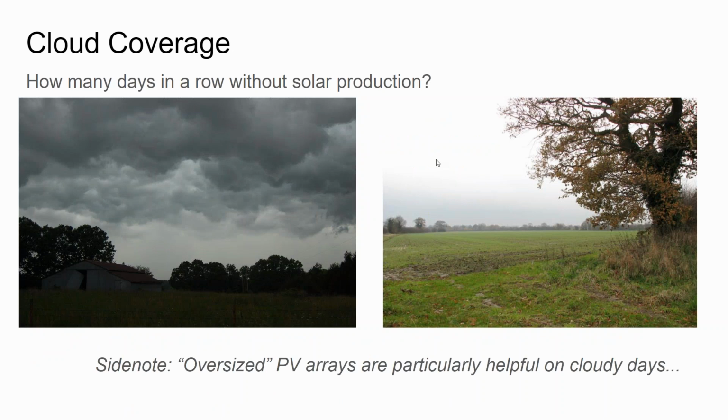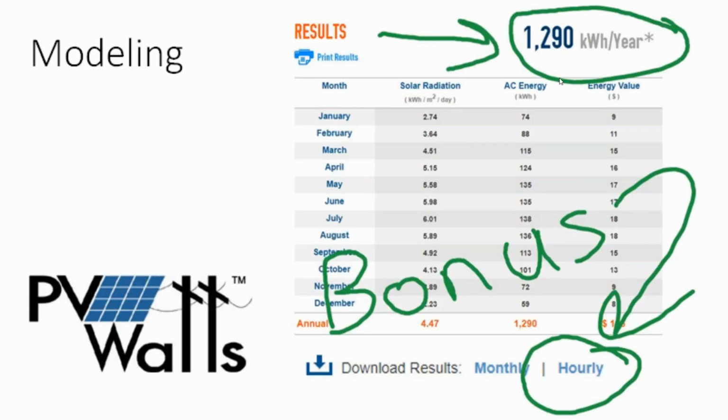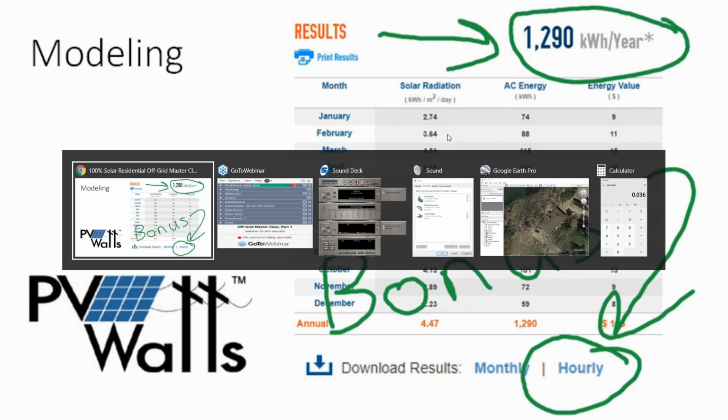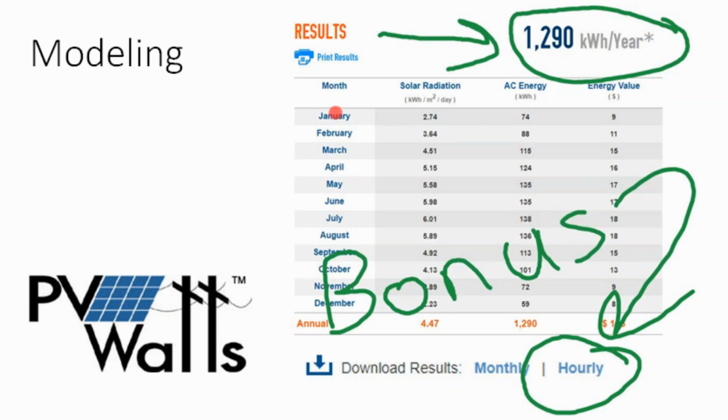So one of the design constraints we need to figure out is how many days in a row we're going to go without sun. Well, actually, PV Watts tells us this. One of my favorite features of PV Watts, everyone forgets it, but once you get to the end screen for PV Watts, you can scroll all the way down to the bottom and download the hourly performance data.